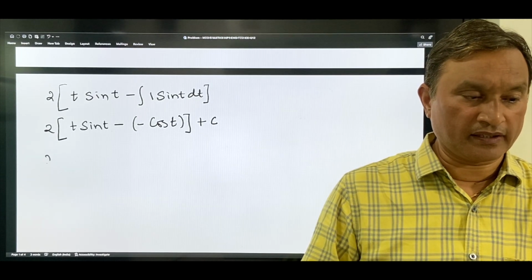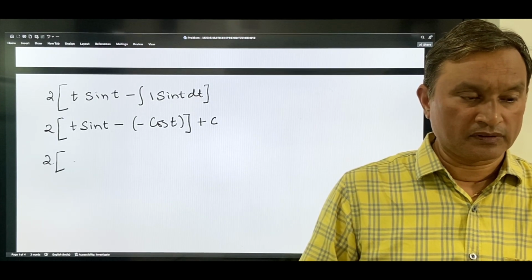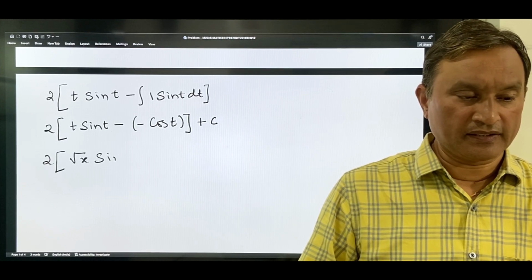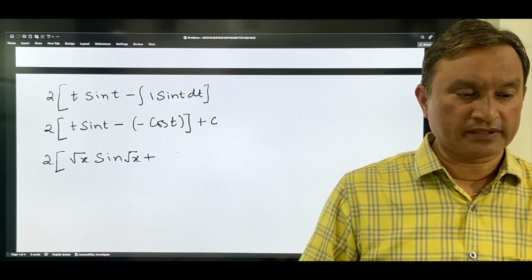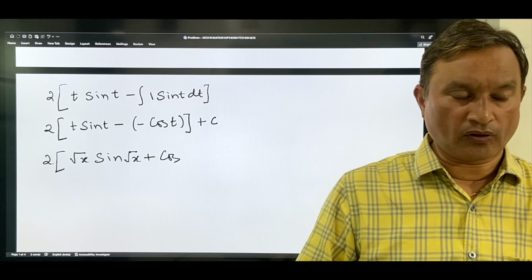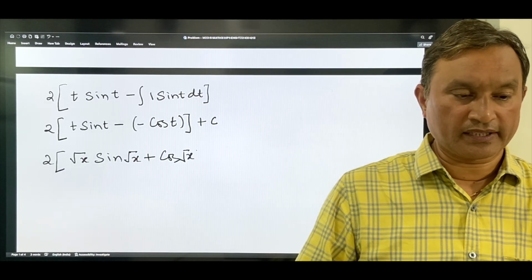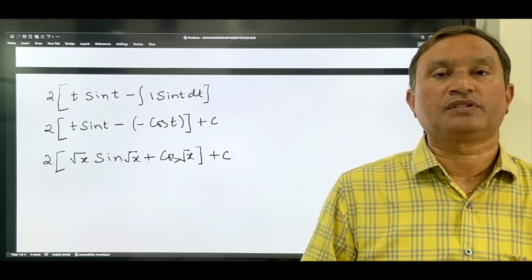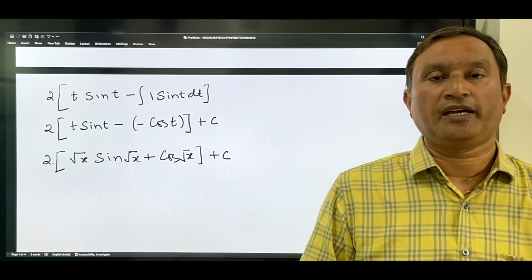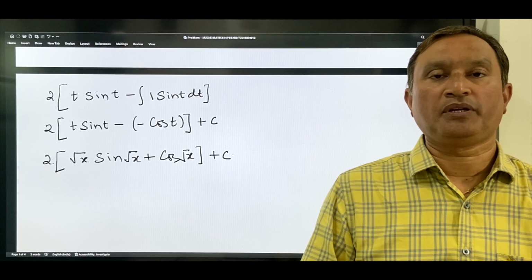So we can write here 2 root x sin root x plus cos root x plus c. So this is the solution of A part. Now we will proceed to B part.